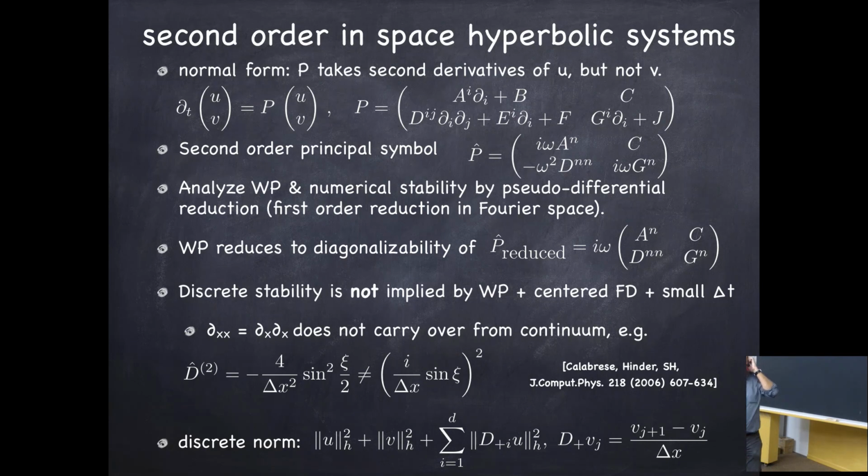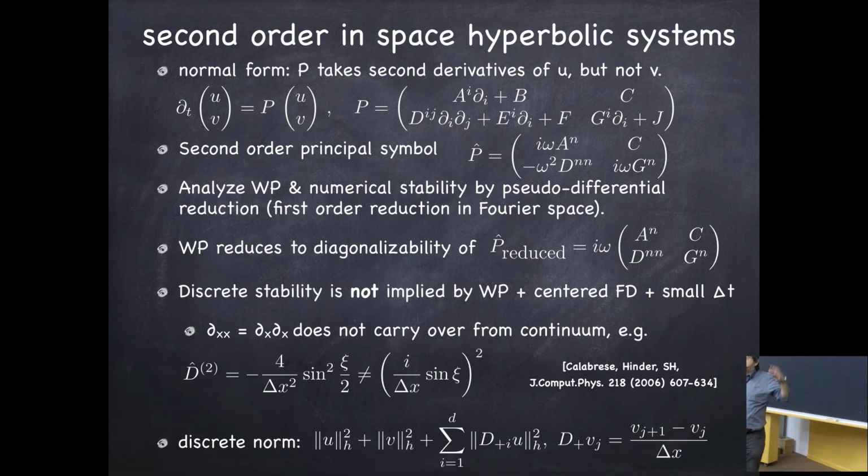Basically, those that have second space derivatives and those which do not. And then you split the variables into two parts, which means that the principal part you split into four components, because now it's like a 2x2 matrix, and it has this kind of funky structure where you have to identify all these different parts. And then there's accordingly a definition of your second order principal symbol.